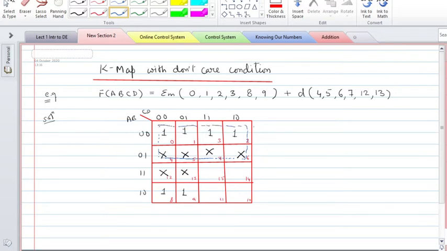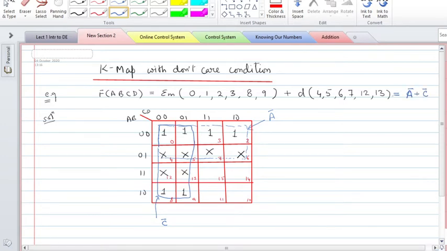This is a group of 8 ones, so this will represent A bar. Similarly, a largest group of 8 ones is also possible in this way. So this group represents C bar. So the final answer for this function will be C bar plus A bar.